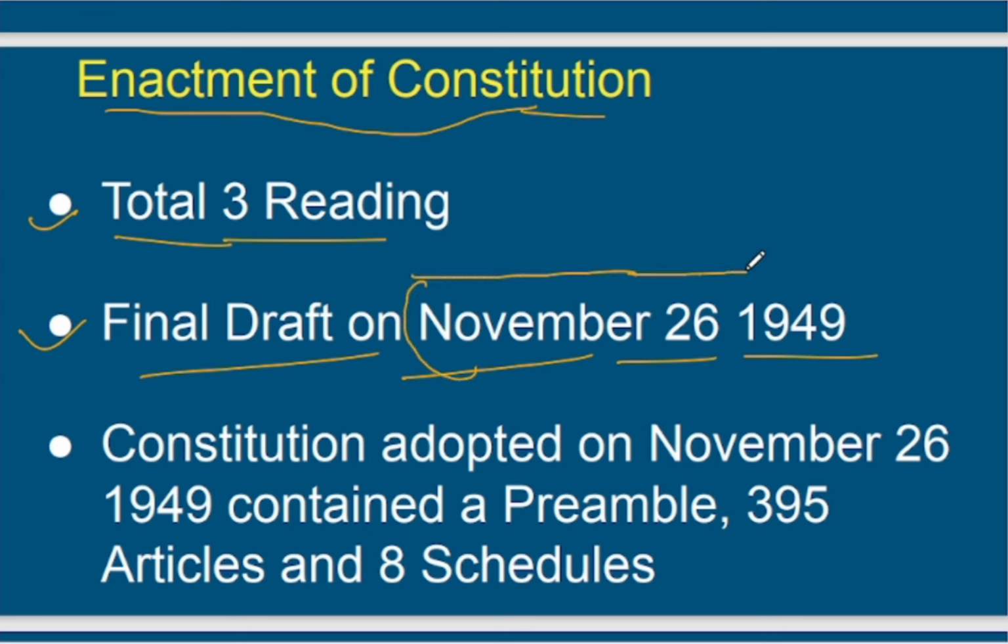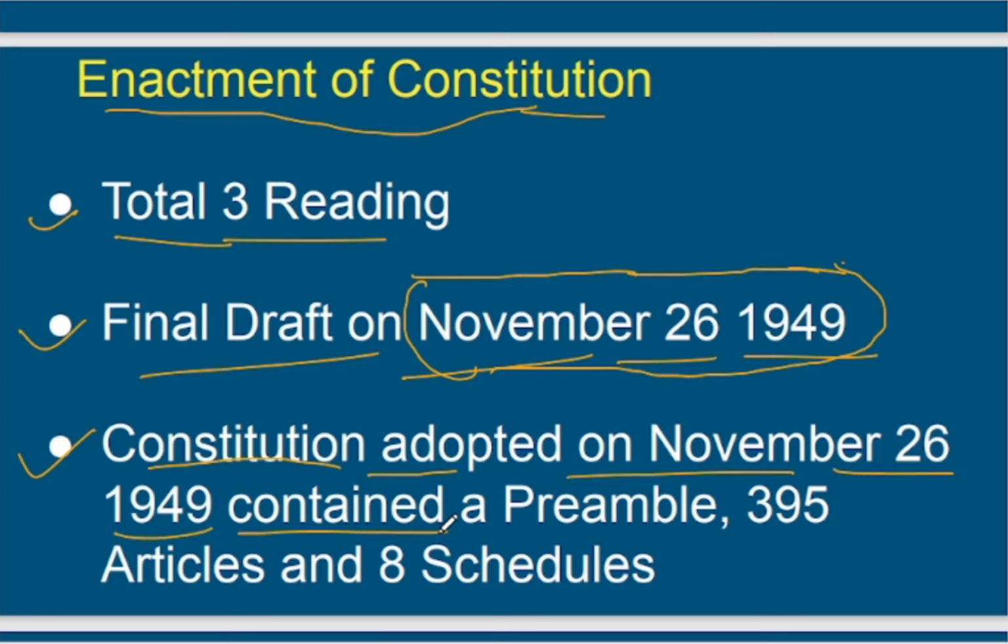The final draft was prepared on November 26, 1949, right? The Constitution was adopted on November 26, 1949. It contained a preamble, then 395 articles and 8 schedules.